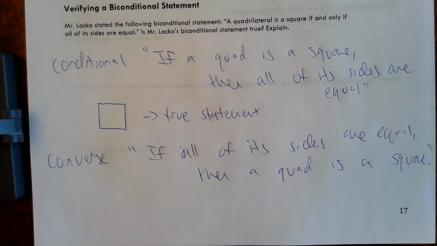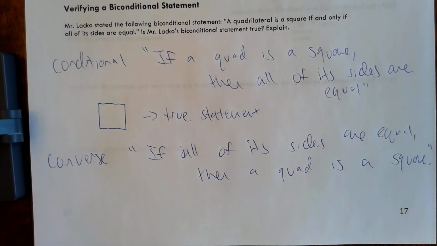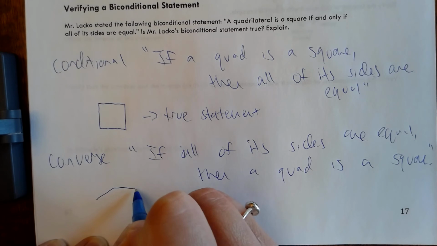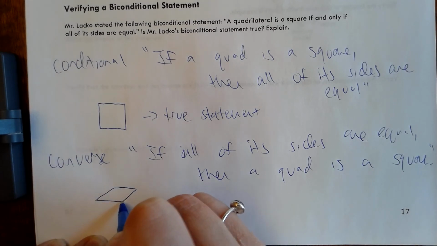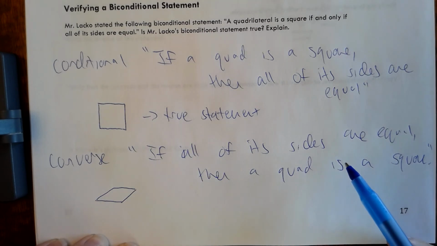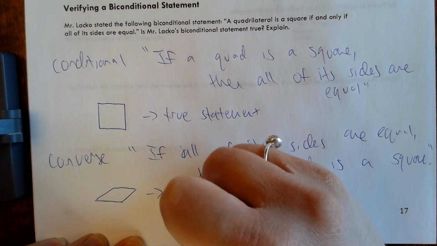If it's false, then the whole thing is not biconditional. So I want to think to myself, is there a four-sided shape where all the sides are equal? Hopefully you're thinking, yeah, there's a rhombus. A rhombus looks like this, where all the sides are equal. But it's not a square, is it? So I would say that this is a false statement.